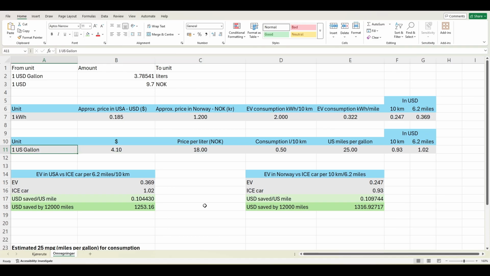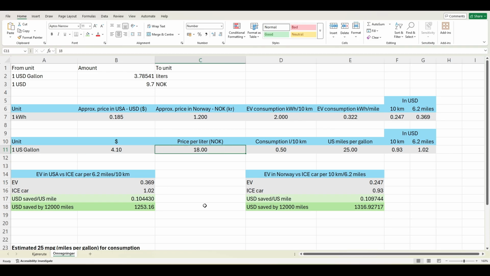And then we have 1 US gallon, which is kind of hard to predict what it's gonna be because of the war in Iran. Before the war, the gallon was about 3 USD per gallon.